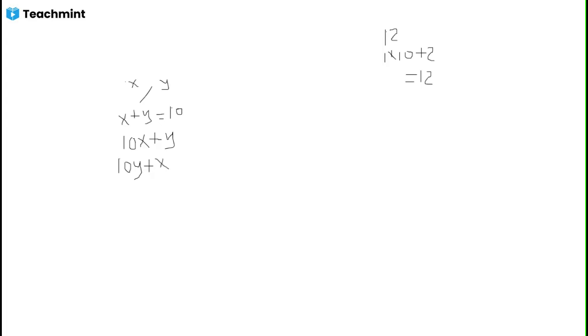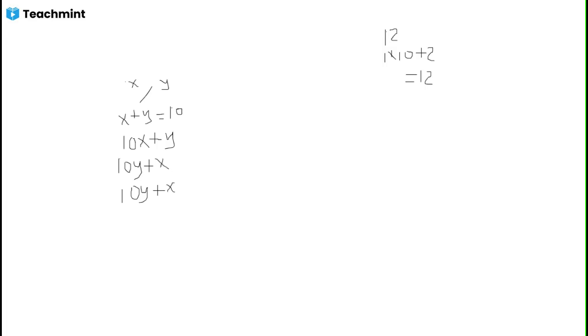Plus x. Okay, so we are told when you subtract the original value from the second number, you get 54. So we take 10y plus x, the number after we reverse.